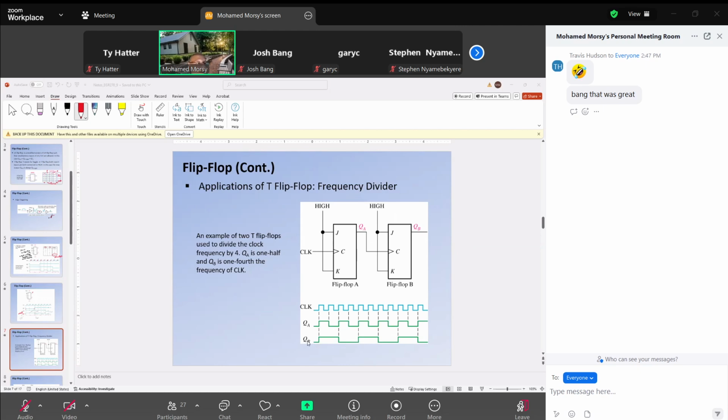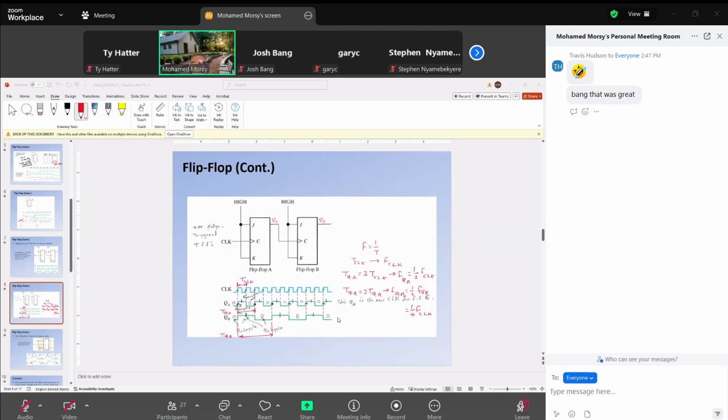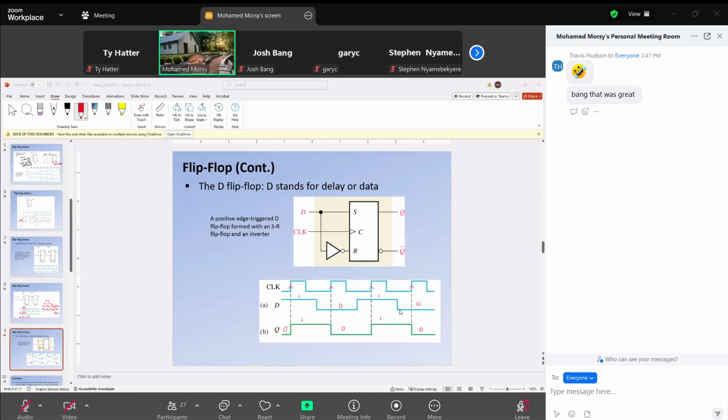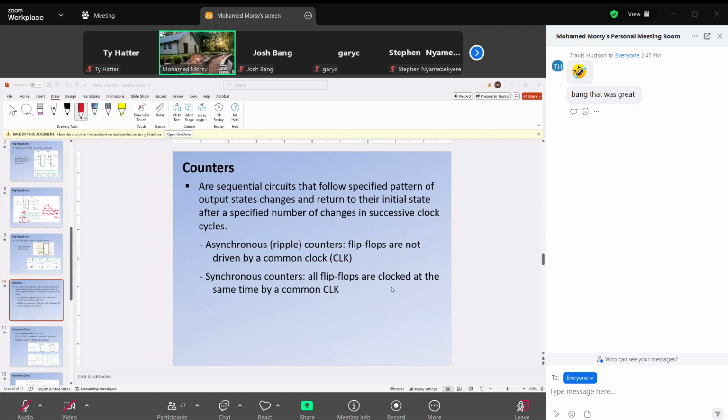If the frequency of the clock pulse is FCLK, the frequency of QB is 1/4 FCLK. And we mentioned how we get this. Then we spoke about the D flip-flop, where with each edge we just see the data at the output. Any questions so far? This is what we spoke about last time.